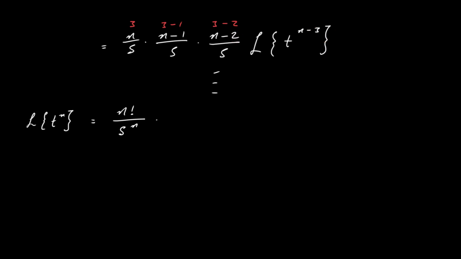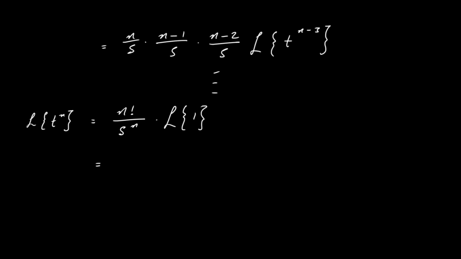So if we were to take our example n equal to 3, what we would end up with here is 3 minus 3, which is 0. So in other words, we would end up with t to the power of 0 here, which is just 1. And that will be the case for any value of n. So in here we would end up with t to the power of 0, which is 1, which means we're going to end up with this thing here multiplied by the Laplace transform of 1.